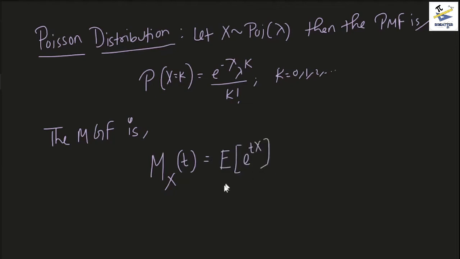Now, by the law of the unconscious statistician, that is the LOTUS rule, this is basically equal to the sum over k equals 0 to infinity, that is summing over all the values of the random variable, of e to the power tk into the probability, which is e to the power minus lambda, lambda to the power k divided by k factorial.